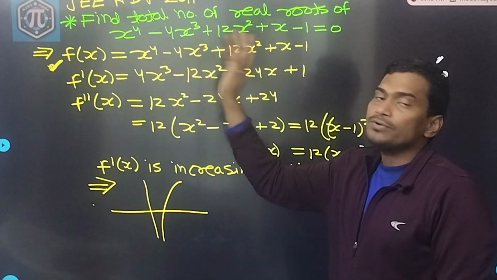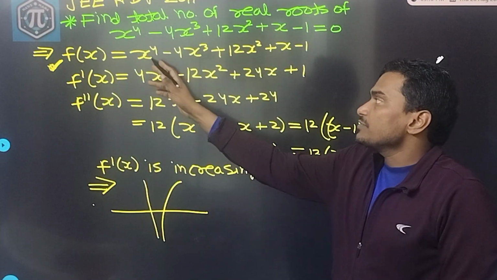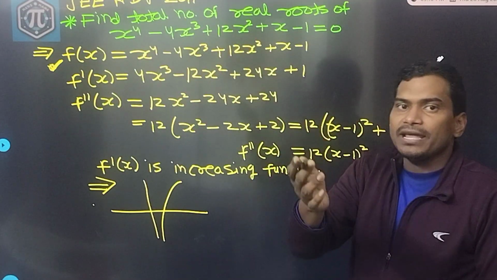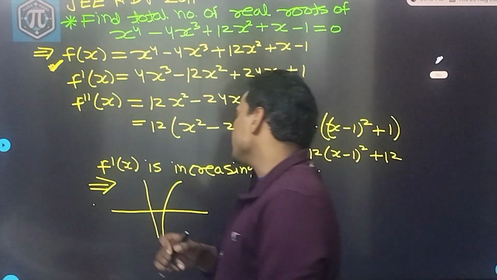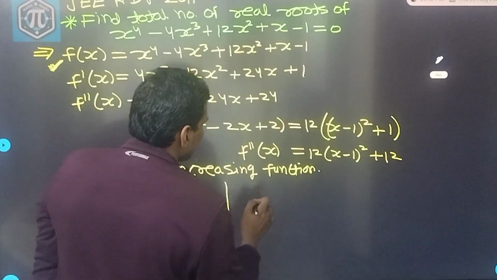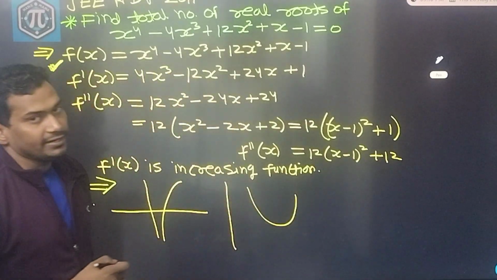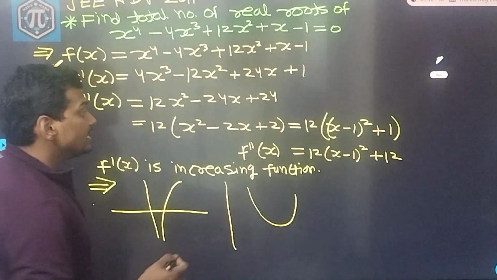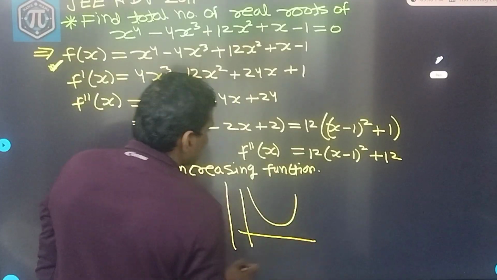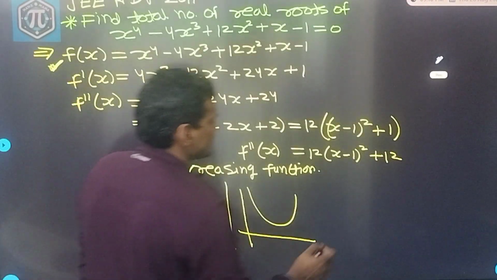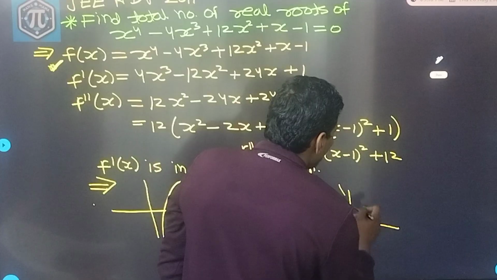It will be always positive, or it may happen it is negative also. That means graph of f of x will be of this kind. It depends, function can come below the x-axis or it will be always above the x-axis.